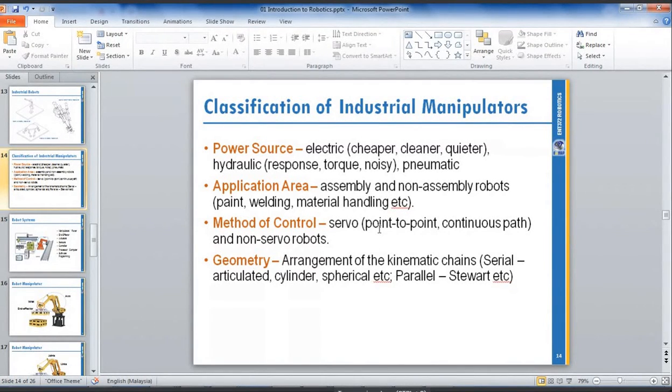So you want to do spot welding, point-to-point. Or you want to use a continuous one, something like MIG welding. So you need to do continuous welding, non-stop. So that is the method of control.